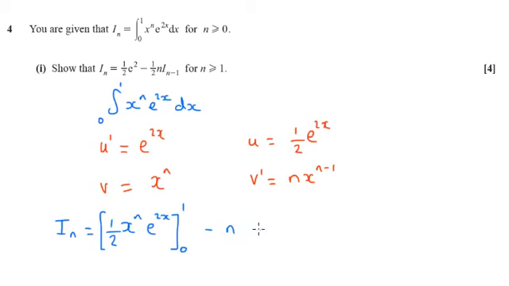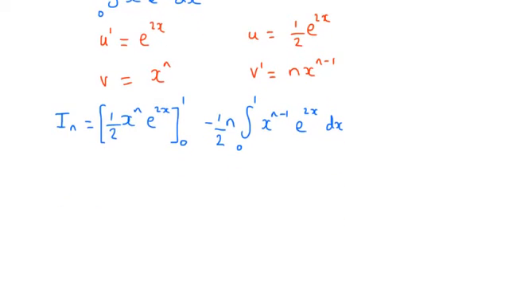I'm going to take that outside of the integral straight away, just so that it's not involved in any of this. We don't have to worry about it when we try and deal with what we've got here. So we've got uv dash, I can take the half out as well actually. So half n, and then inside we're going to get x to the n minus 1 e to the 2x dx.